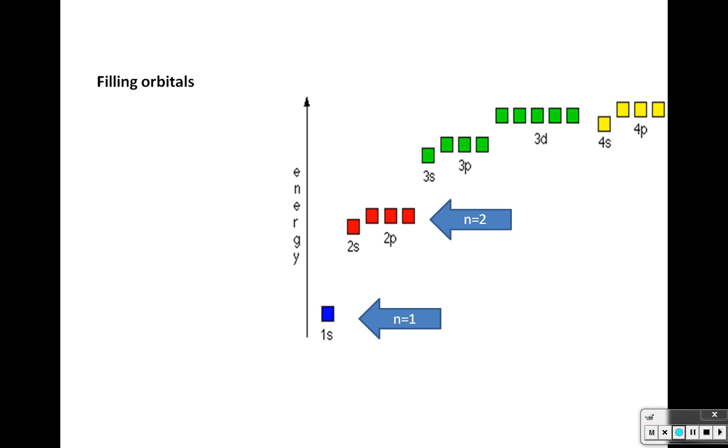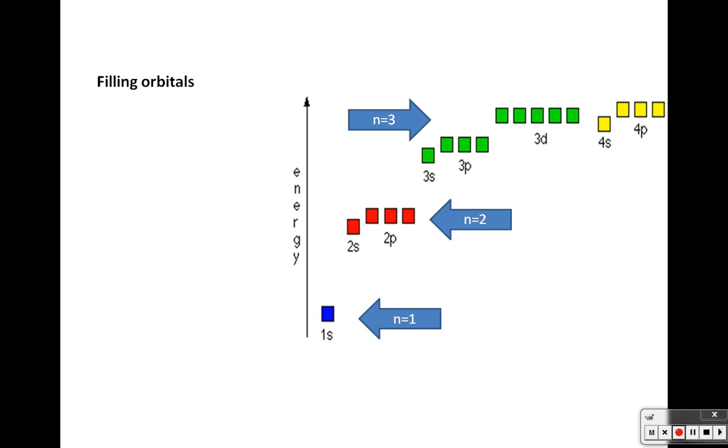So within any principal energy level, except n equals 1, you can have several types of orbitals. These green ones then are n equals 3, all of them, the 3s, the 3p, and the 3d. I don't have enough space to put an n equals 4 arrow in, but obviously the fourth, the yellow boxes, would be n equals 4, and so forth.